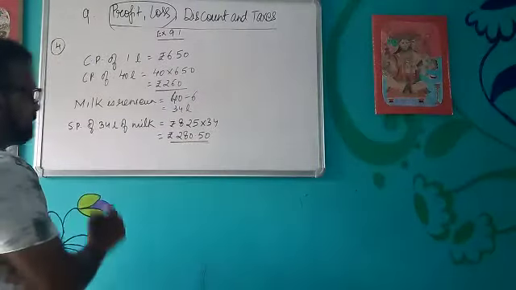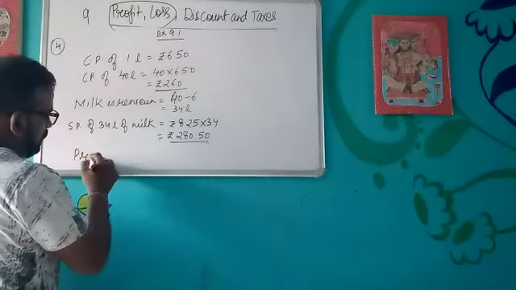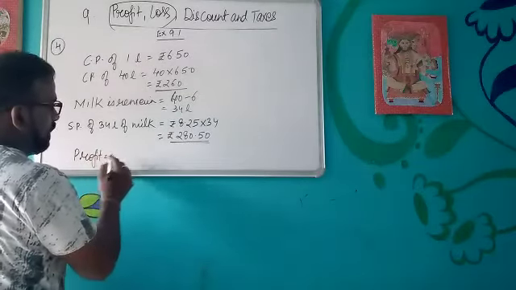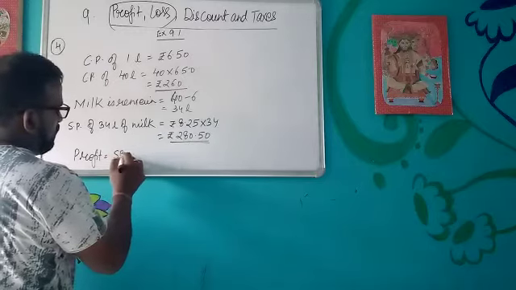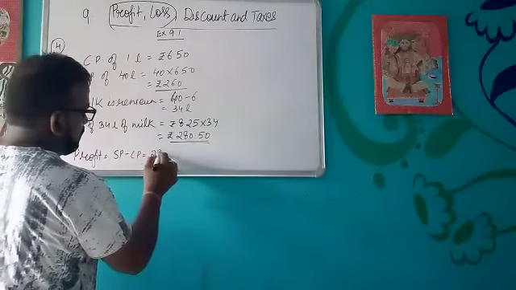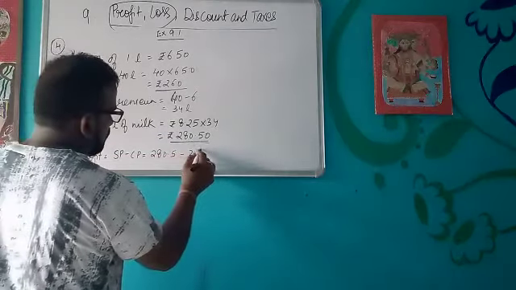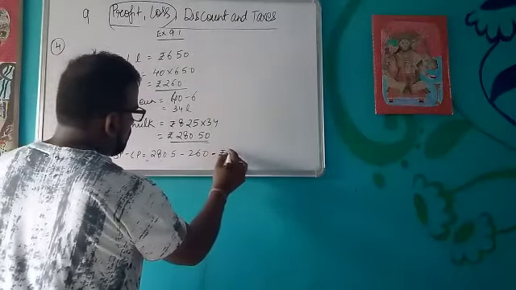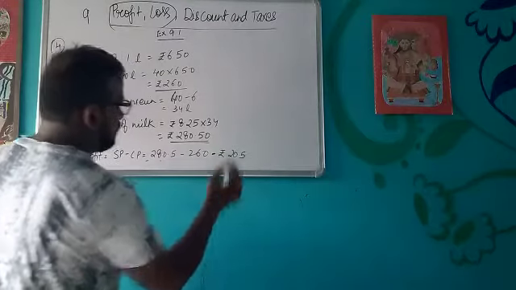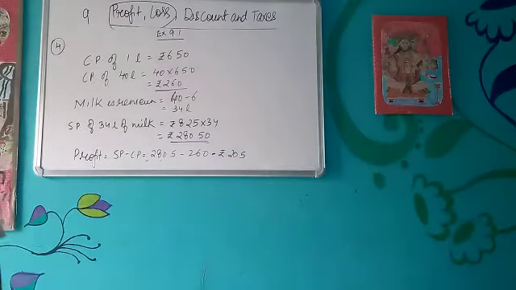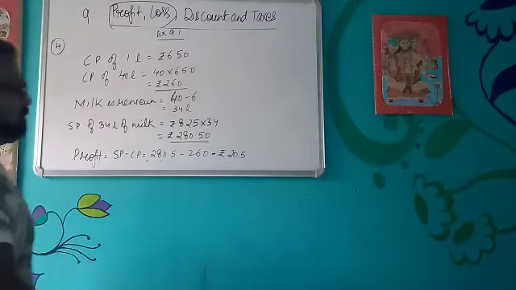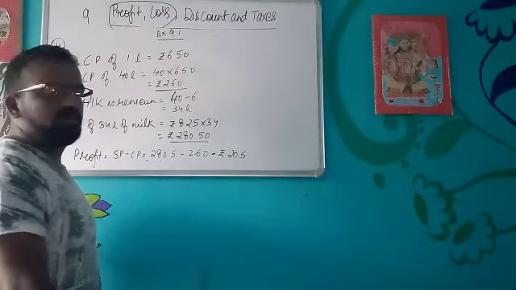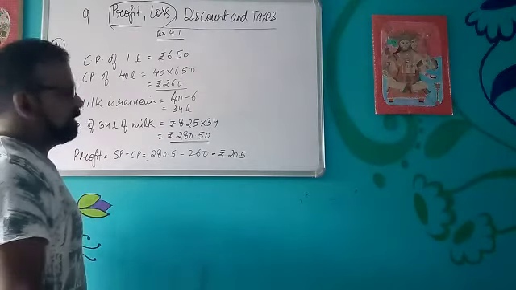Definitely a profit is there. So we will calculate the profit. So what is profit will be? SP minus CP, that is profit is rupees 20.50. Okay, like this you just see the questions, and this is how you can solve the questions by using the formulas.